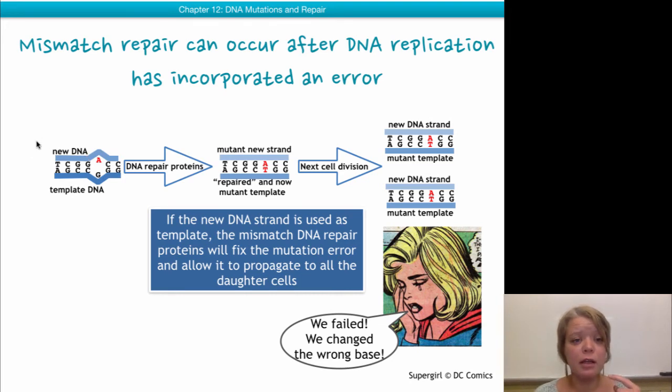Because if it happens to choose the new DNA strand, it will then propagate the error to the next generation, because it will have corrected the bulge, and instead of fixing the A, it would have fixed and clipped out the G and put a T in here to make sure there is no bulge, and now we have a point mutation in this location. So that makes DNA repair machinery sad.